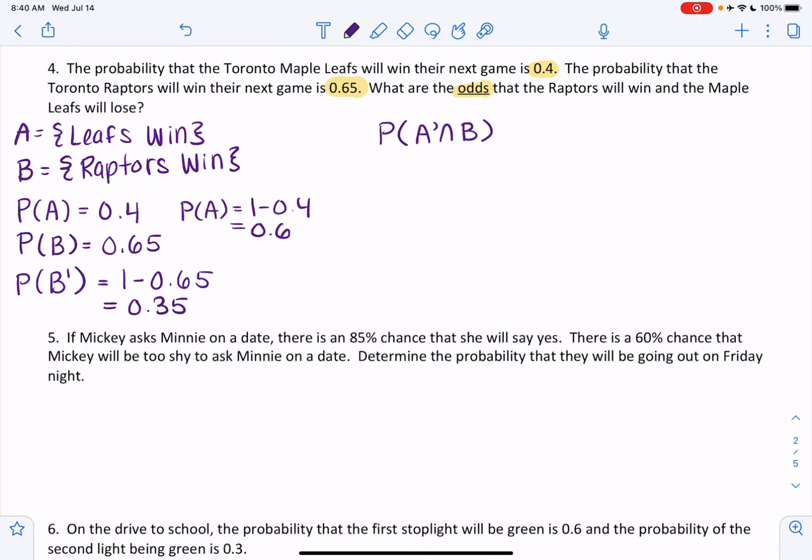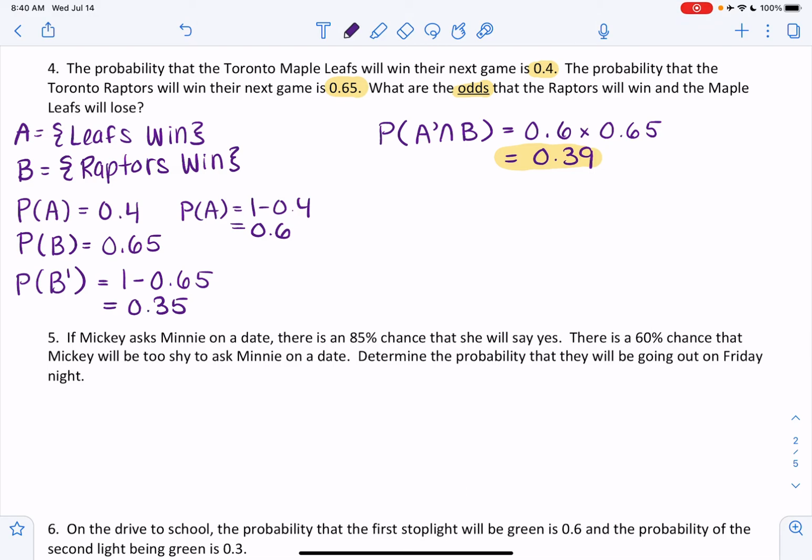Sorry, I misread the question. So that will give us 0.6 multiplied by 0.65 because they are independent events. And that will give us 0.39. So this is the probability that our Leafs lose and our Raptors win.